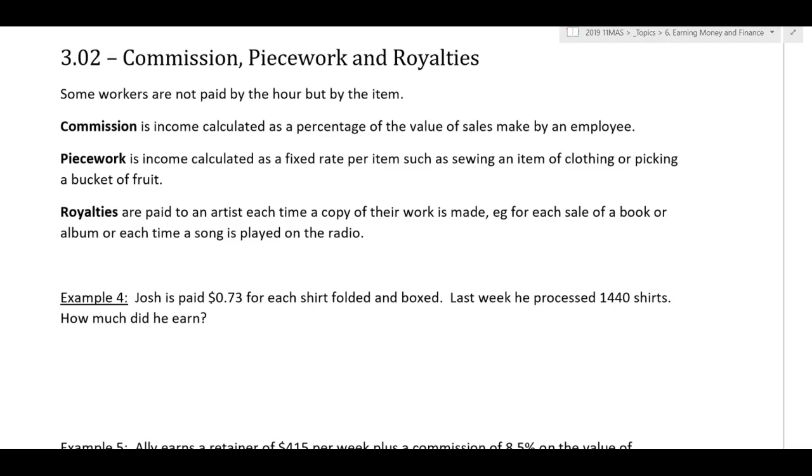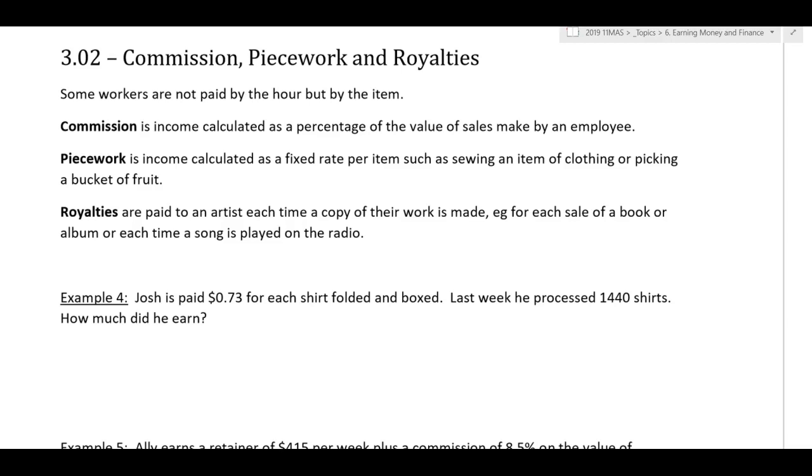And finally, royalties are paid typically to artists like authors or filmmakers or musicians. An author will be paid a royalty for every book that is sold. A musician might be paid a royalty for every album that is sold.